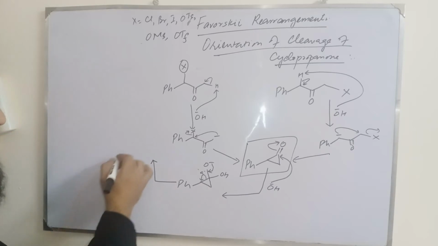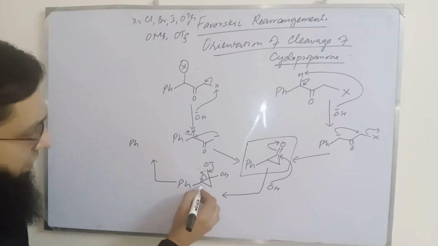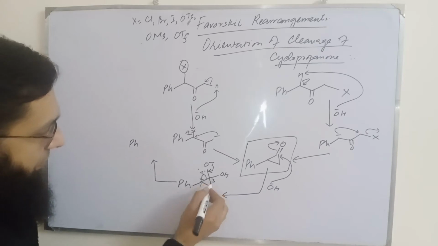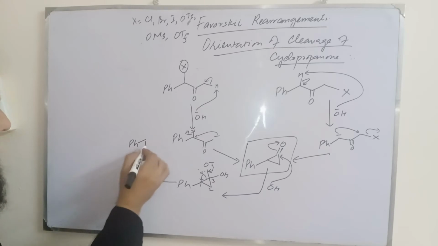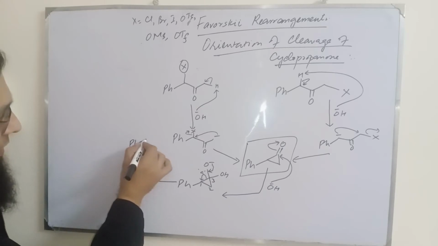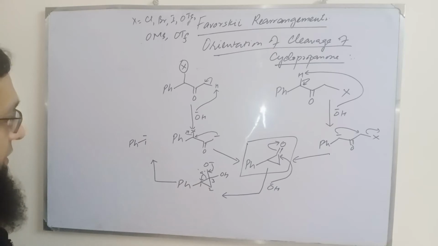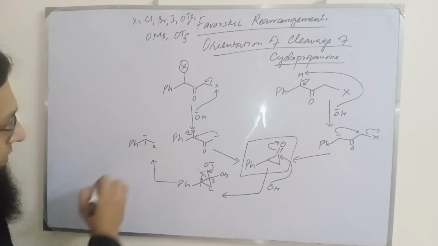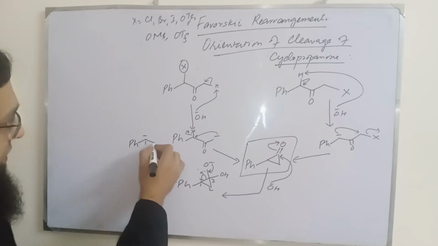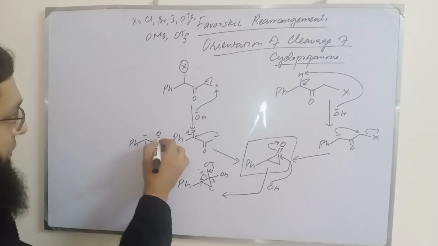and after this bond is broken, we give the numbering 1, 2, 3. So phenyl is attached to 1, and 1 gets the negative charge because one arrowhead is coming towards carbon 1, and 1 on the other side is attached to 2, which is attached to 3, having a carboxylic group.